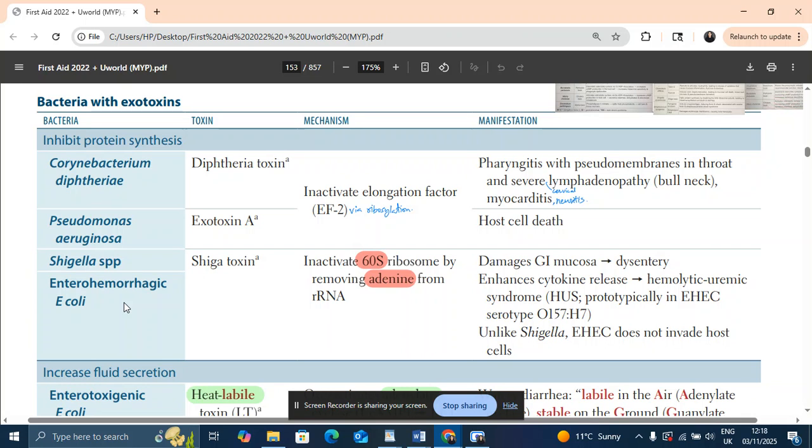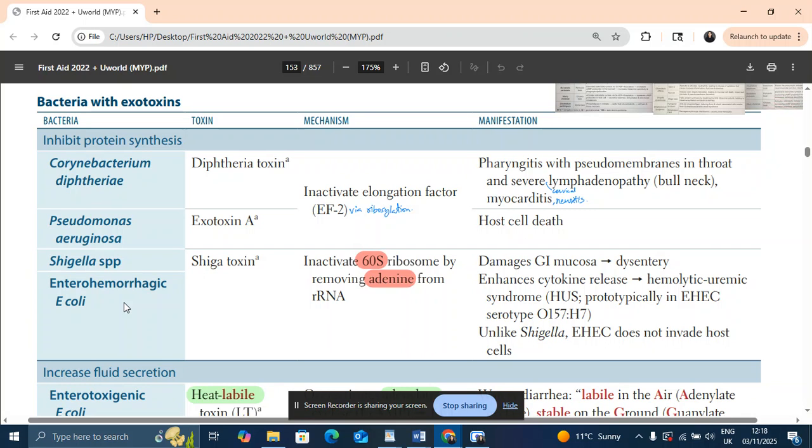And then the kidney vessels get damaged and blocked because of the microthrombi, and the kidneys do not get enough blood and oxygen, so that leads to acute kidney injury. So hemolytic uremic syndrome is a triad of microangiopathic hemolytic anemia, thrombocytopenia, and AKI.